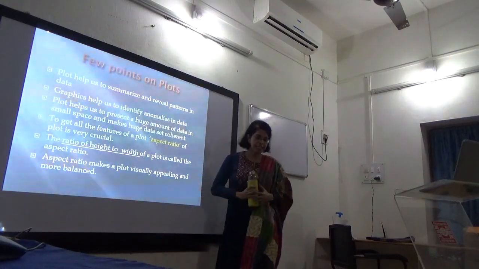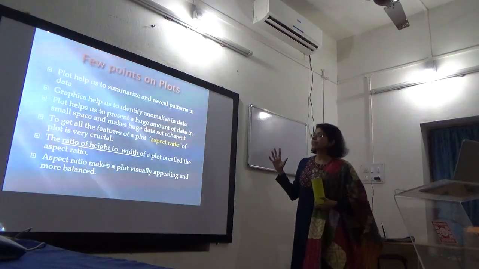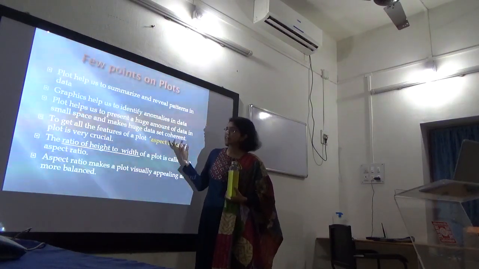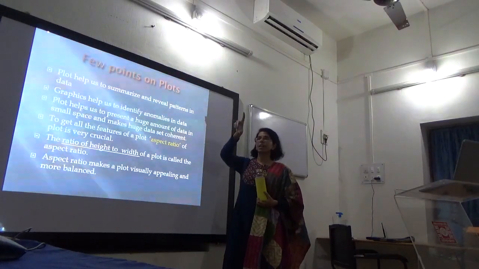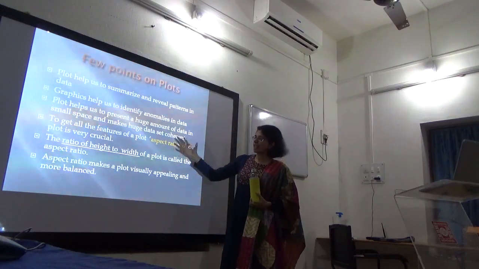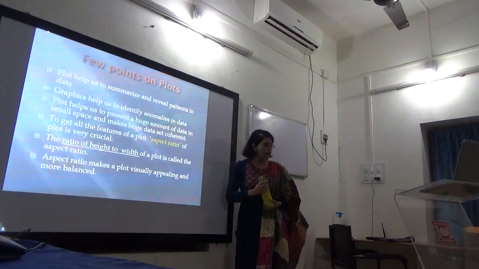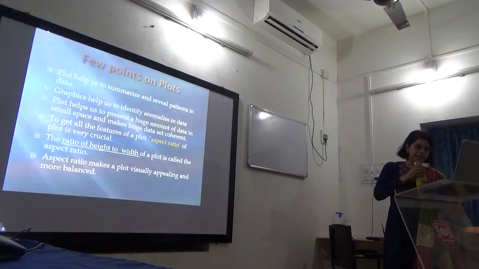So while presenting time series data, keep in mind that aspect ratio is very crucial. How to measure the aspect ratio? Ratio of height to width. If you have a picture, you have that height, you have that width. The ratio of height to width will give you the aspect ratio, and by aspect ratio, your time series plot will be more apt.